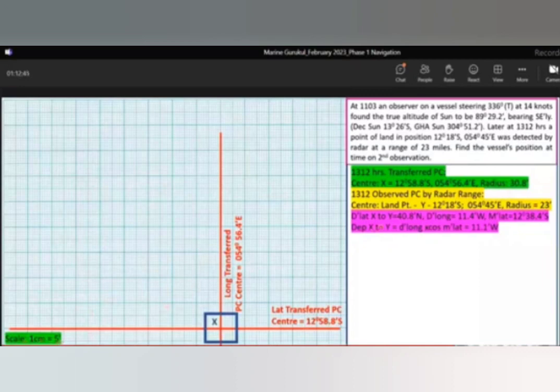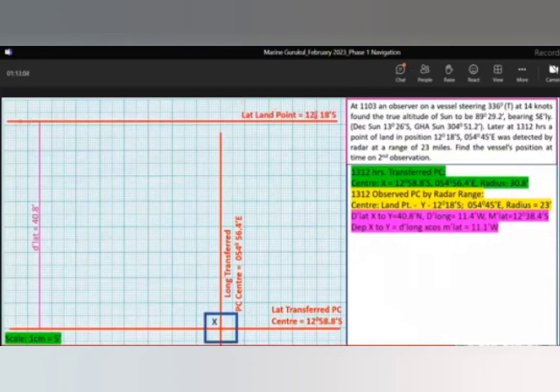Using this scale, we can mark off the D lat and get the latitude of the point Y. The D lat was 40.8 minutes north. We mark off that D lat and we get the latitude of point Y.